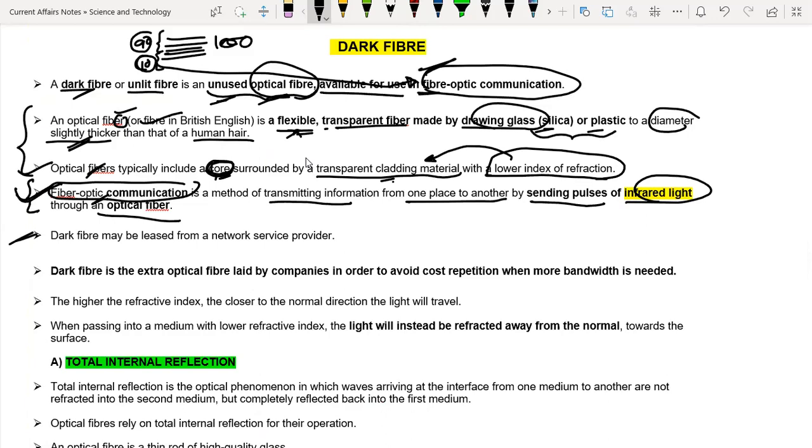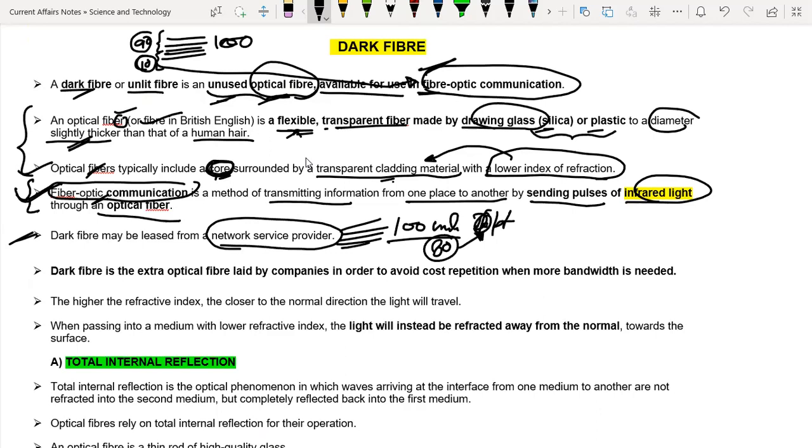Fifth one is dark fiber may be leased from a network service provider. Let's say initially a network service provider takes 100 units of dark fiber, 100 units of optical fiber, and 80 are used by this company, but 20 are remaining.